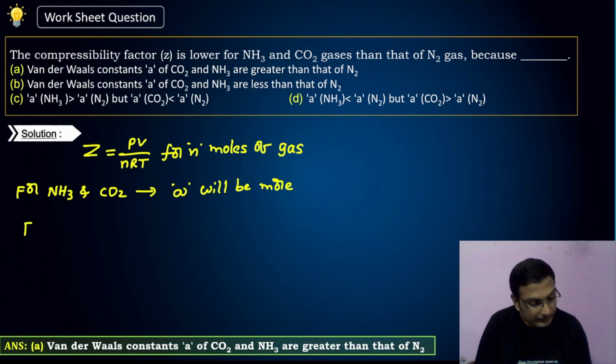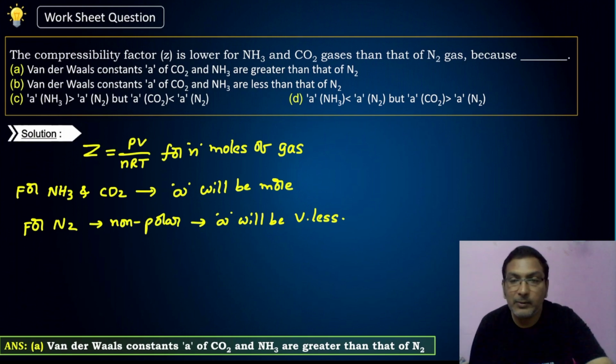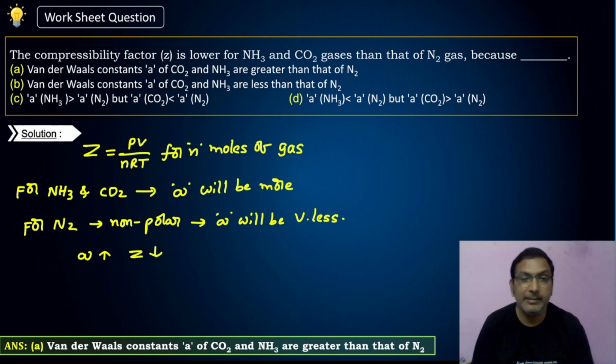Next. For N2, which is completely non-polar, there will be no charges. A will be very less. So as the value of A increases, compressibility factor decreases.